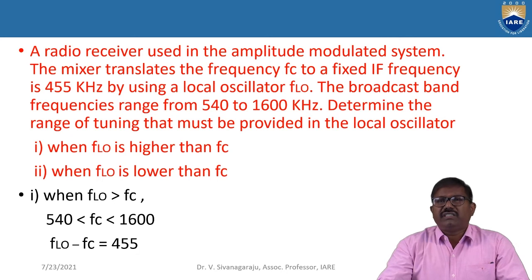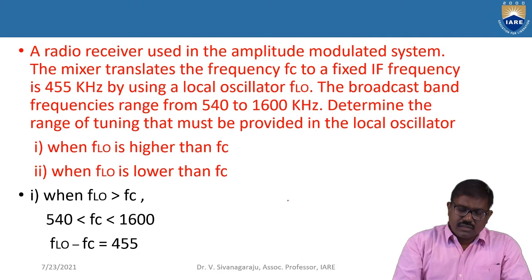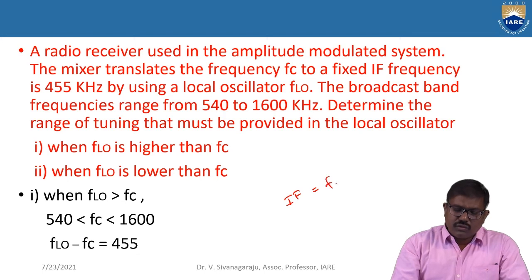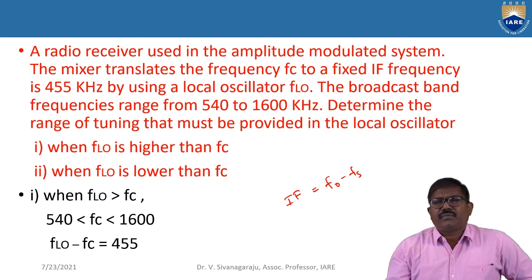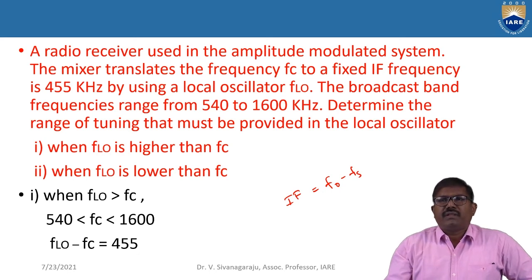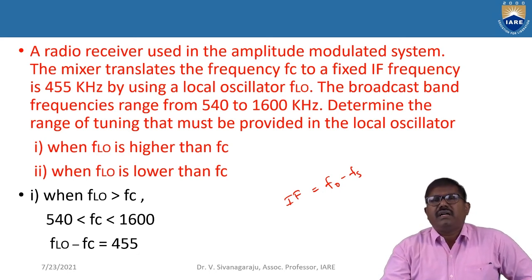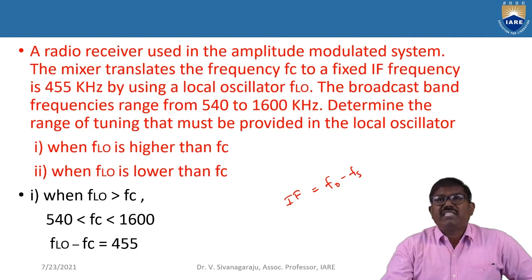So IF is equal to F0 minus Fs, or Fc, whichever you use. That means the intermediate frequency is equal to F0 minus Fs. Okay. So that means we have a low fixed frequency.